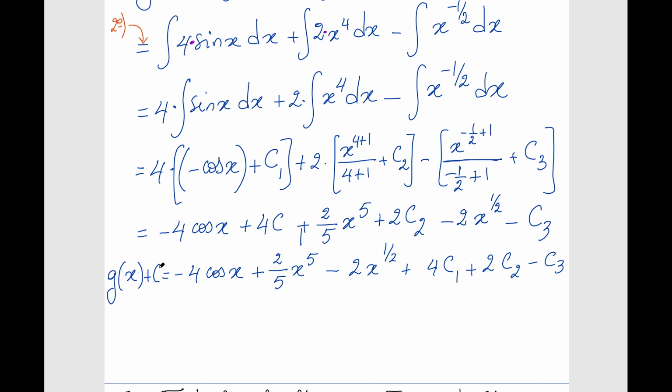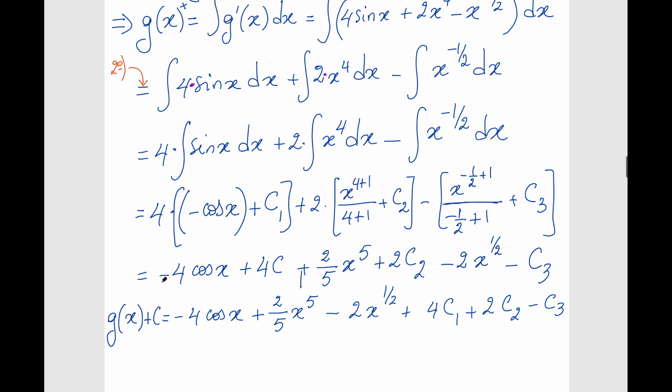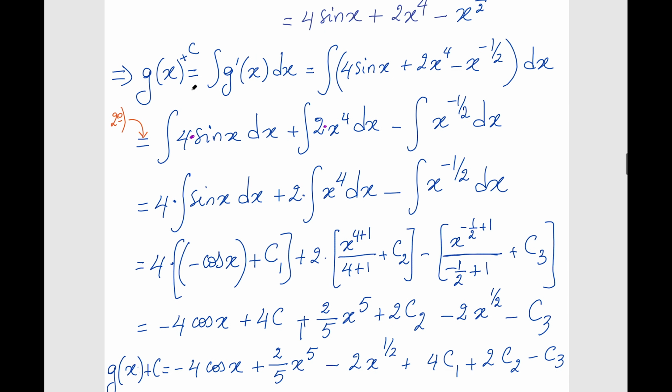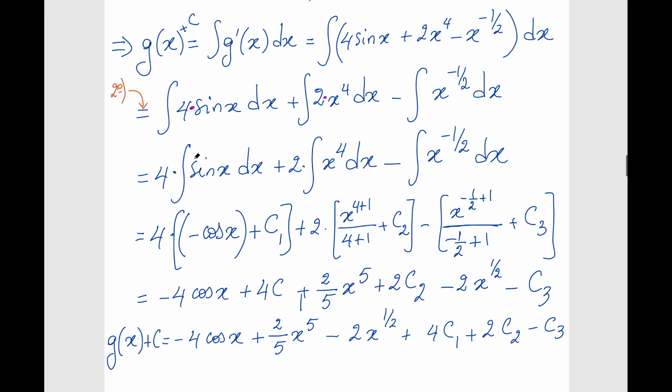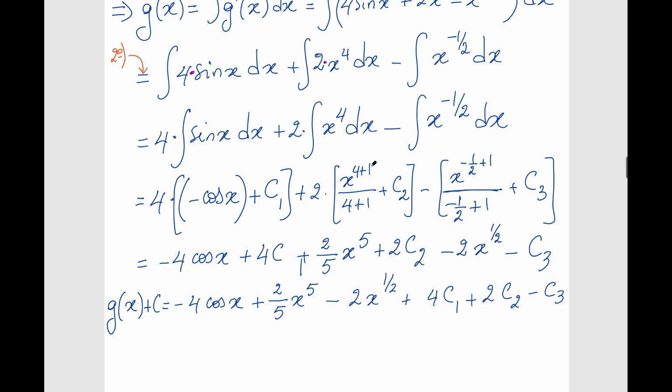And remind me what c, c1, c2, c3 are. They were arbitrary constants, correct? Remember, we were looking for the primitive of g prime, and that thing is the most general antiderivative of g prime, right? We know g is one guy. If you add a constant to it, you get the most general one, right? This is what we discussed above. So C is an arbitrary constant. Similarly, C1, C2 and C3 are constants of integration, right?